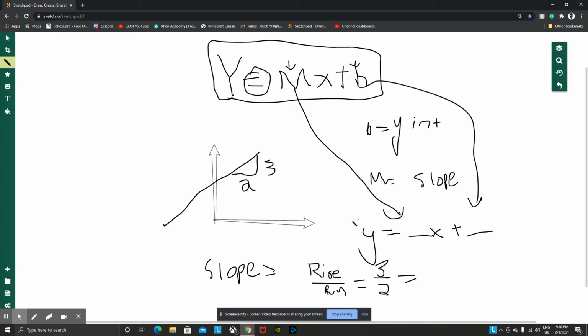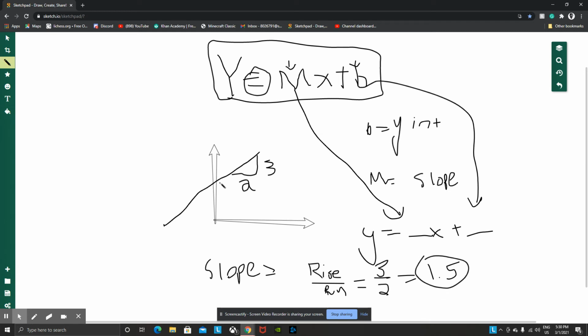Now let's divide these, and we get 1 and 1/2. Let's do 1 and 1/2. Or, I'm just going to draw it as 1.5. That's our slope, because we used the formula rise over run, and that got us 1.5.